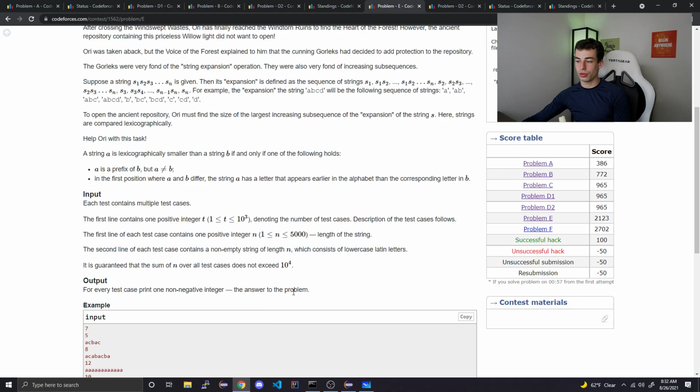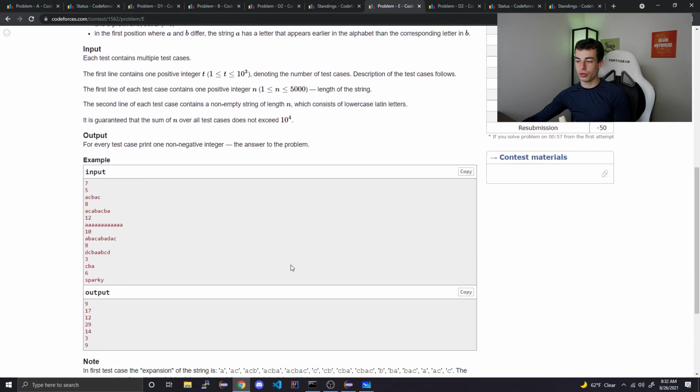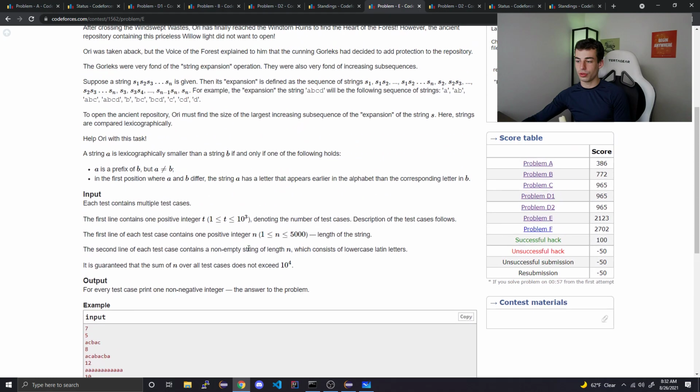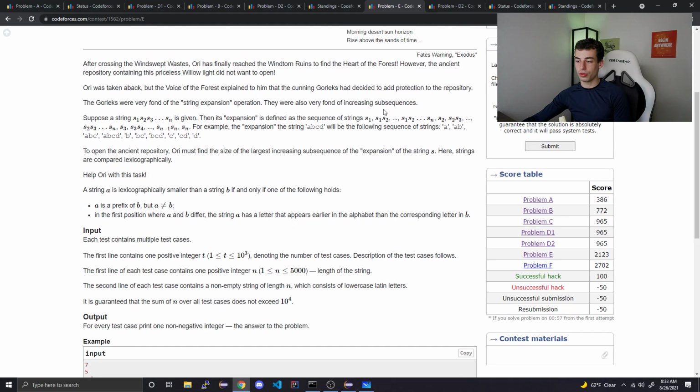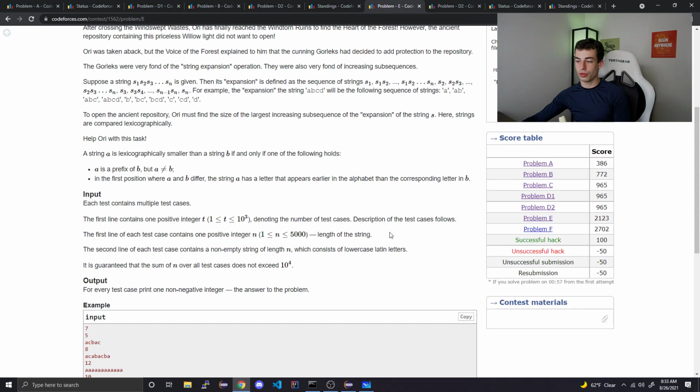The expansion of S, the size, yeah. Well, let's say you had the expansion sorted. Then it's just longest increasing subsequence, which is n log n, on n choose 2. This sounds dumb, right? If we can run suffix arrays to sort these, and then once we have that, we just find the longest increasing subsequence.